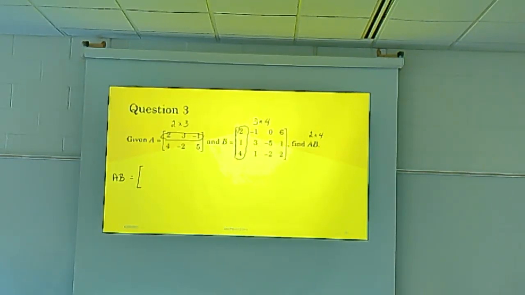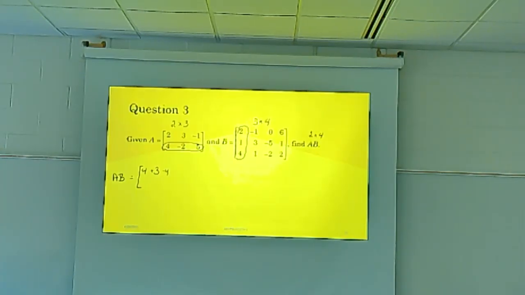2 times 2 is 4. 3 times 1 is 3. Negative 1 times 4 is negative 4. So I'm going to go column by column.